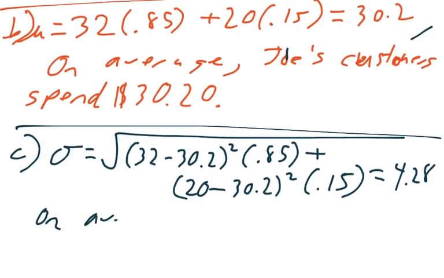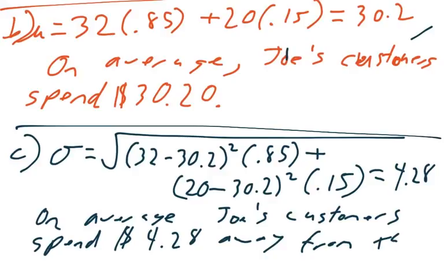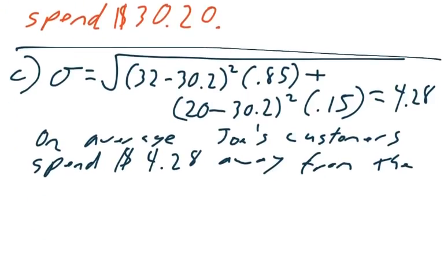On average, Joe's customers spend $4.28 away from the mean. Because that's what the standard deviation is, the average away from the mean.